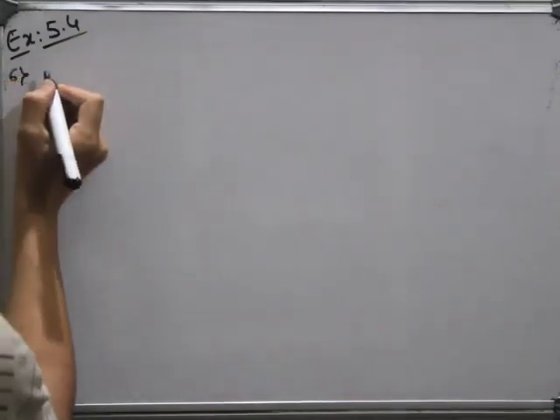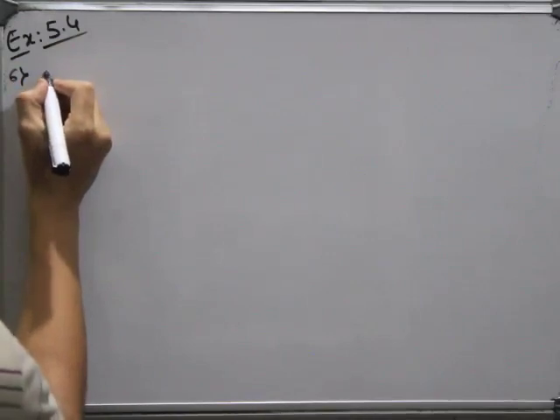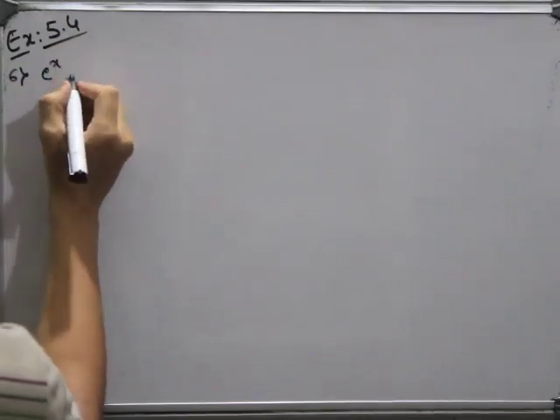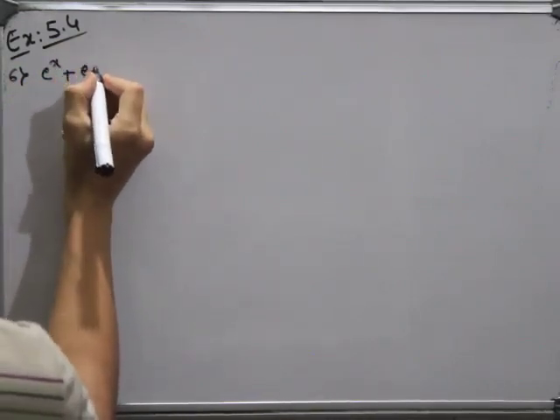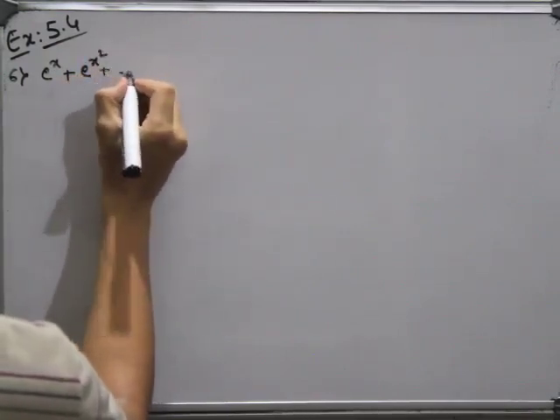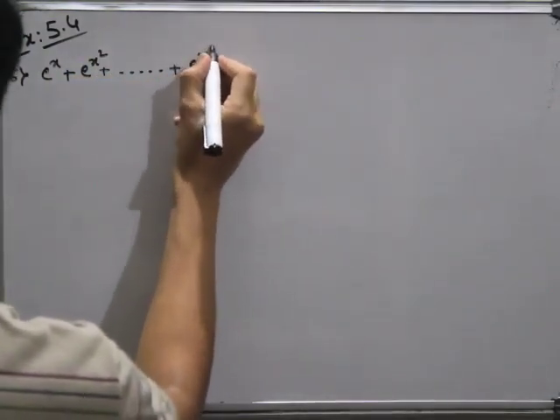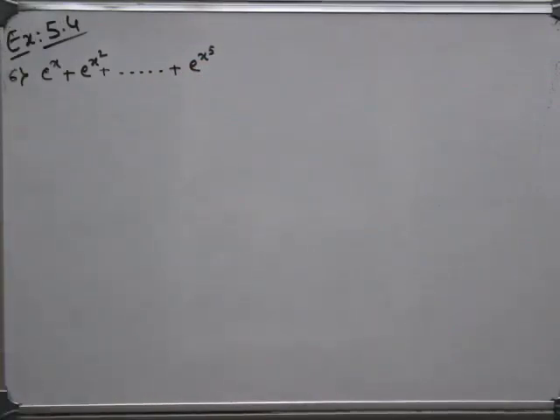I will solve question number 6. Question number 6, e power x plus e power x square plus up to e power x raised to 5. Okay, this is the given problem.